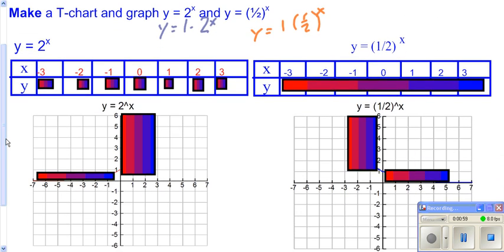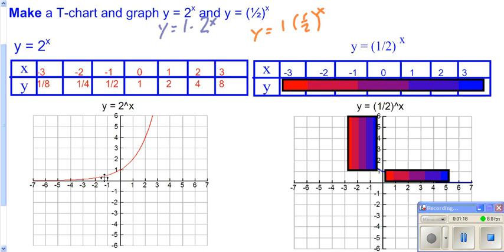So if you've not done so, complete your t-chart. Plot your points and draw in a smooth graph connecting all of them. And do the same thing for your 1/2 to the x.